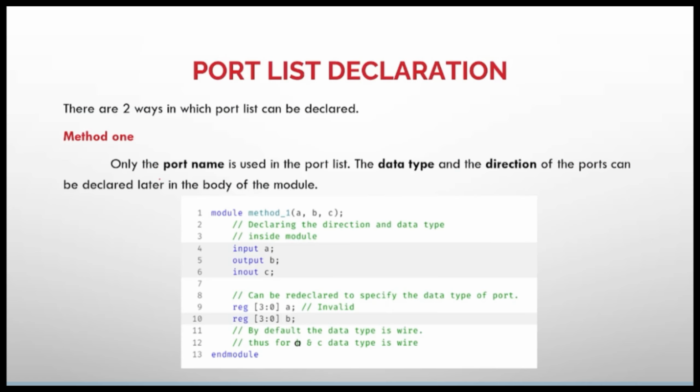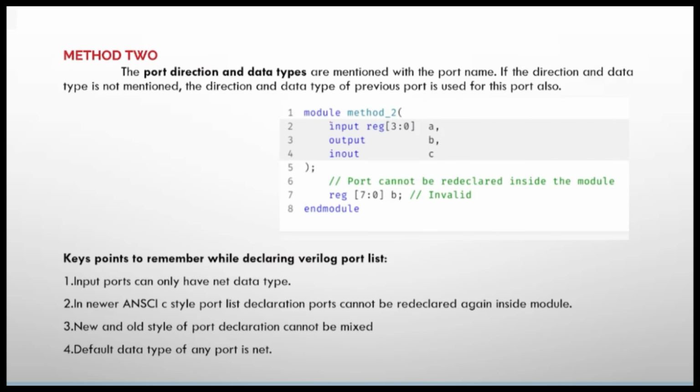So how will you be declaring the ports? We have already seen this. If you want to declare the ports, you can do it either inside the module, where you declare the module only with the names of the ports and declare the directions inside the module. Or you can directly declare within the parenthesis both the names as well as directions.